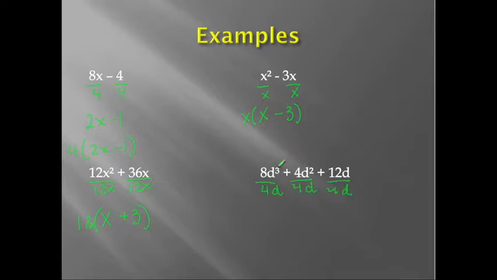Okay, so 8d cubed divided by 4d will be 2d squared, and 4d squared divided by 4d will be d, and 12d divided by 4d will be 3. Don't forget to write your GCF out front.